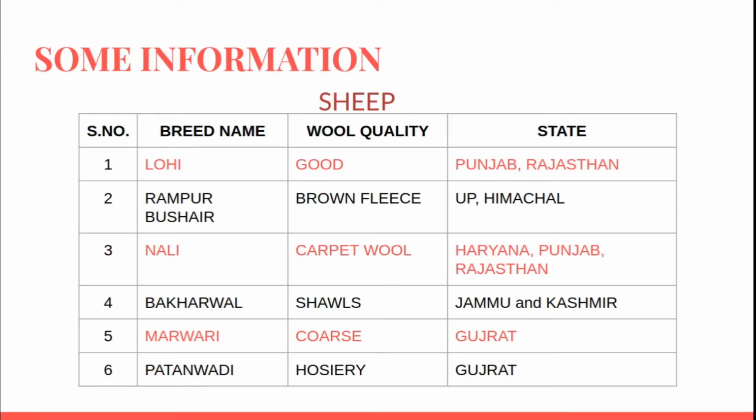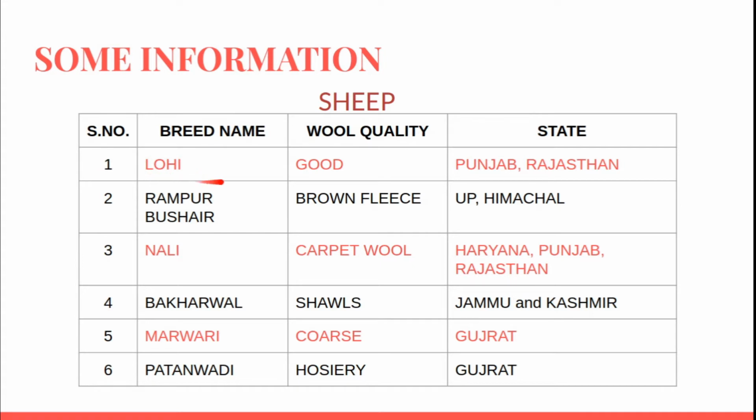Now there is some more information for you. In this table we see there are six different breeds of sheep, and we'll see what is the quality of the wool they give and in which state you can find these breeds. The first one is Lohi.